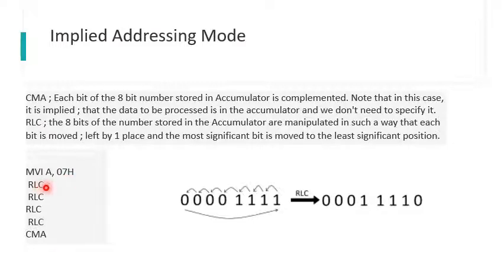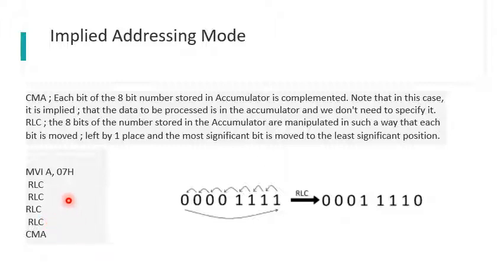In the second line, the bits are rotated left in a circular manner. So the bits stored in A become four zeros followed by 1110. Note that each bit is moved left by one position and the most significant bit is moved to the least significant bit position. The same operation is repeated and the value stored in the accumulator changes to 0001 1100.